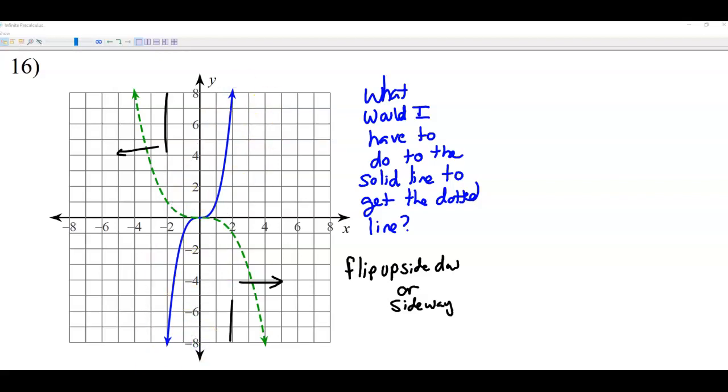So if you took the blue line here and you flipped it either sideways or upside down, it's going to look the same. So we don't know if this thing is being flipped sideways or upside down.